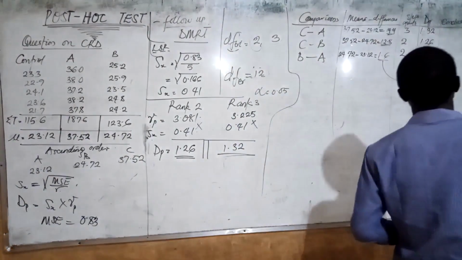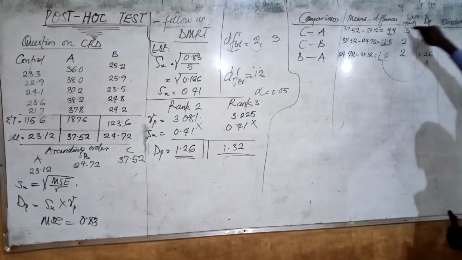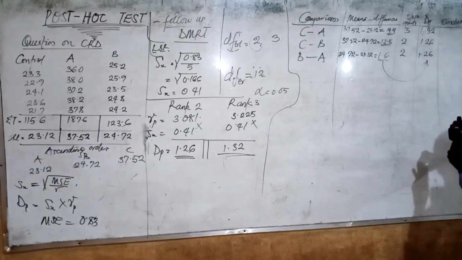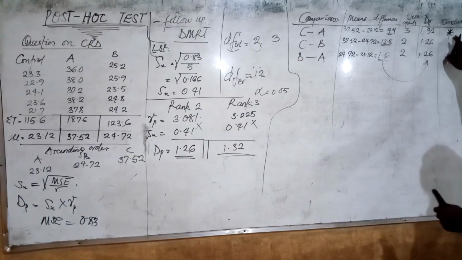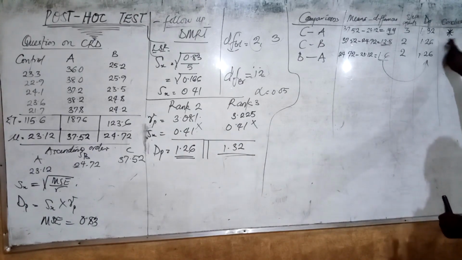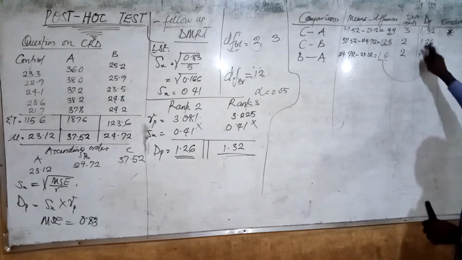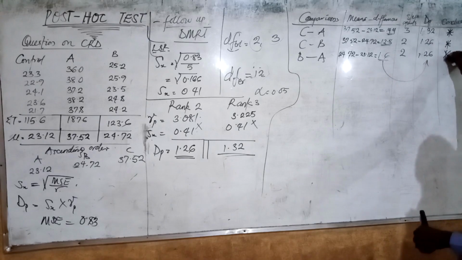Here, if we compare this guy and this guy, this mean difference is bigger than this one. What does that mean? It means it is significantly different. So we use an asterisk to represent that. This one is also greater than this, so this is significantly different. This one is also slightly greater than this, it's also significantly different.